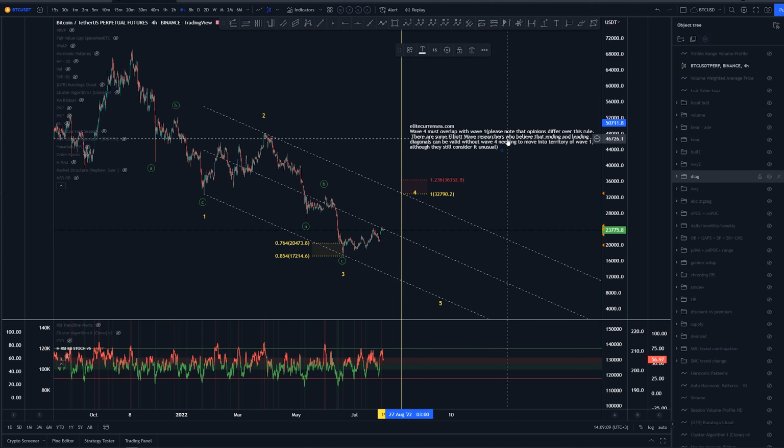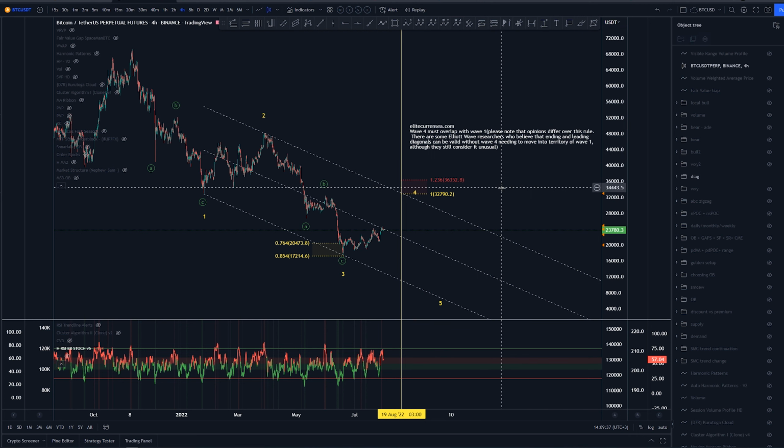If you can read this stuff here, elitecurrency.com had a reference book basically, or guideline, about the diagonals, saying that there are different opinions about this rule, whether wave 4 needs to be overlapping with wave 1 or not. Some Elliotticians are saying that diagonals can be valid without wave 4 needing to move into the territory of wave 1, although they consider it unusual.